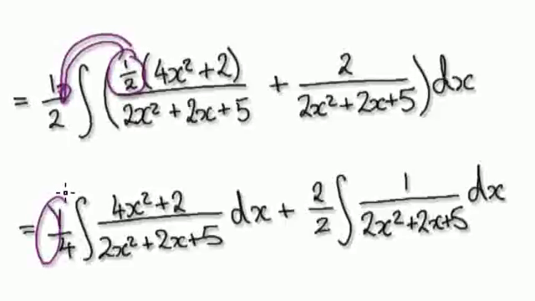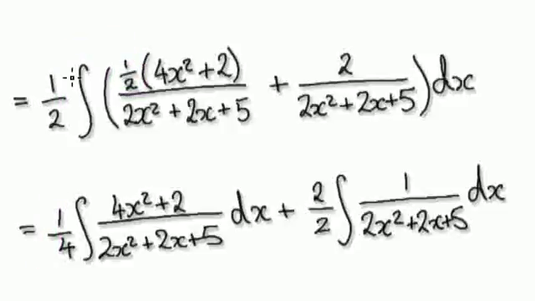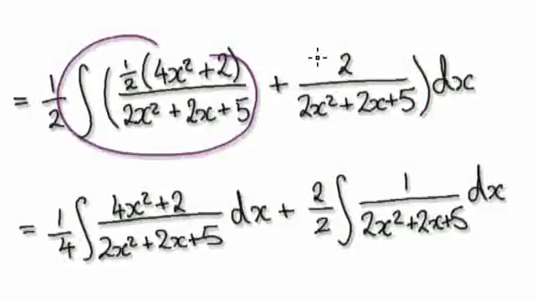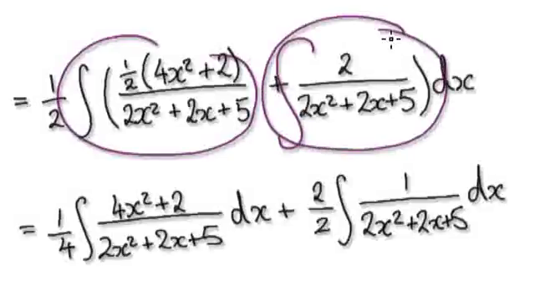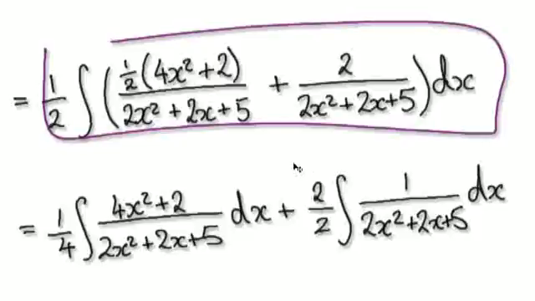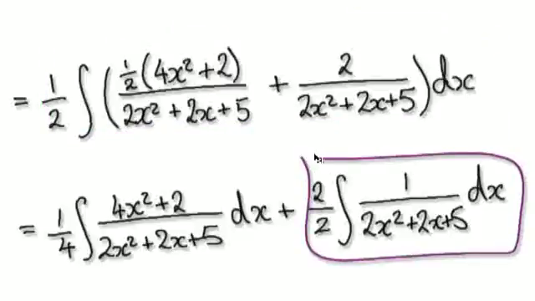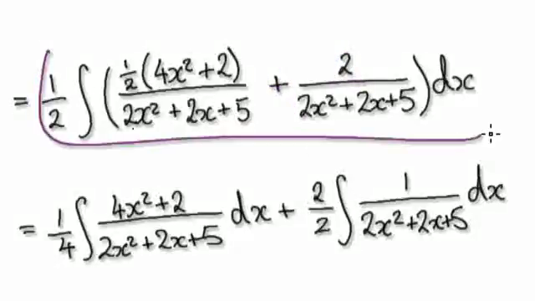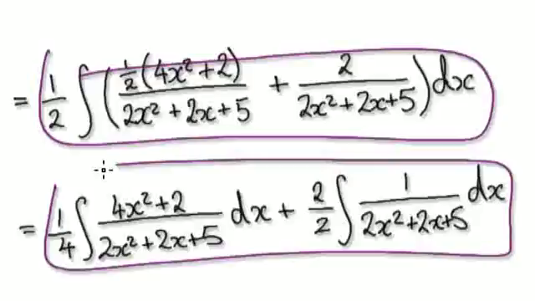So that becomes a quarter, and don't forget the integral of this whole thing is the same as the integral of this plus the integral of this. Take the 2 out, and this bit here will become this.